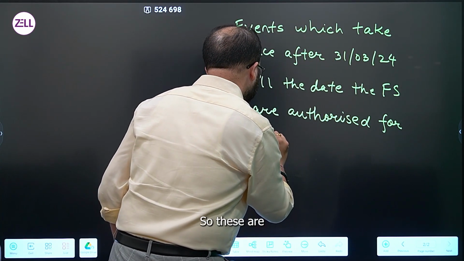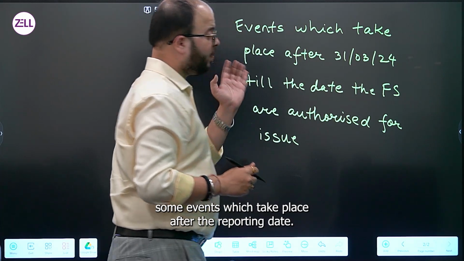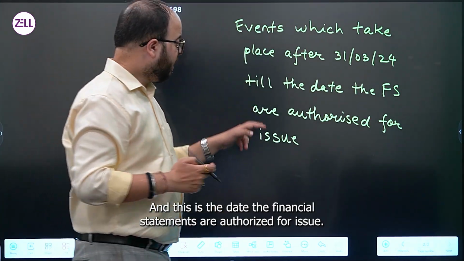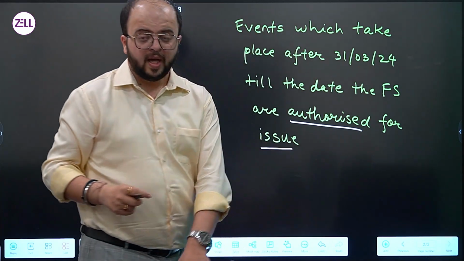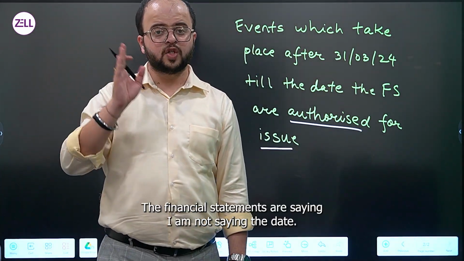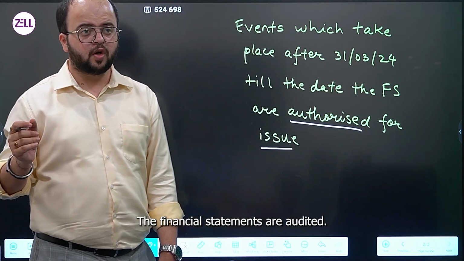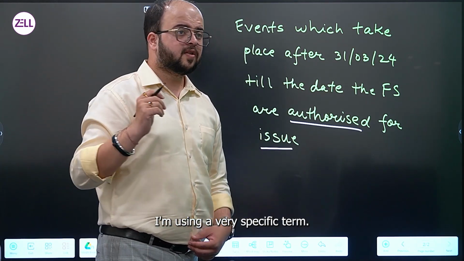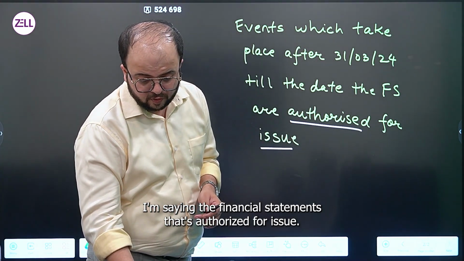So these are events which take place after the reporting date and till the date the financial statements are authorized for issue. I have not said the date the financial statements are signed. I am not saying the date the financial statements are audited. I am using a very specific term. I am saying till the financial statements are authorized for issue.